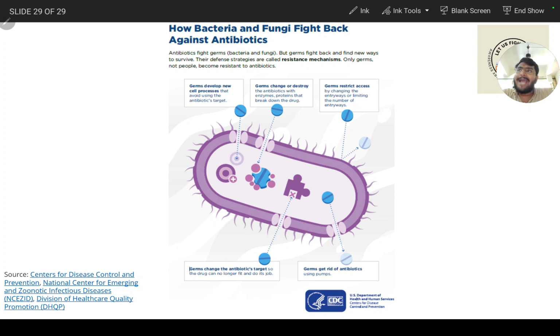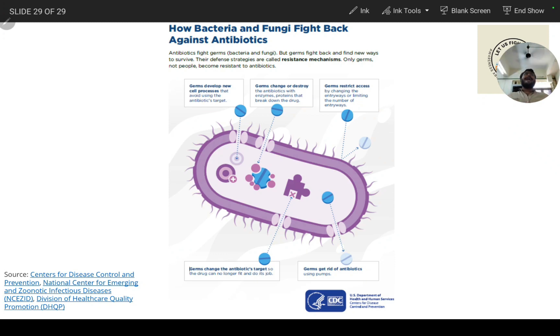They may try to change the structure of the antibiotic's target so that if the target is not in place, it will be very difficult for the antibiotic to go and act on that particular component. Or if it was targeting a cellular process, then probably that process may also be modified such that the antibiotic will be rendered useless. So these are all different mechanisms by which microorganisms exhibit resistance.